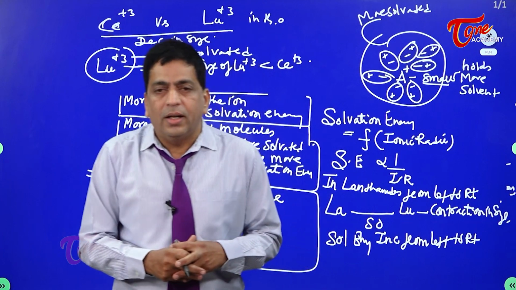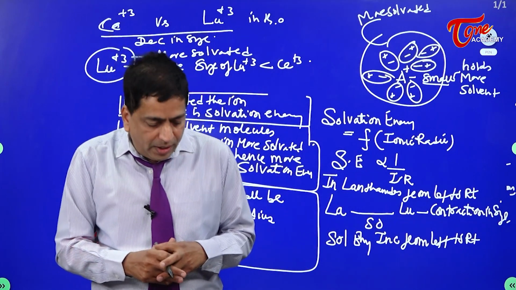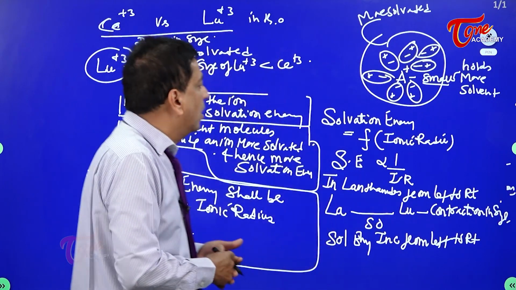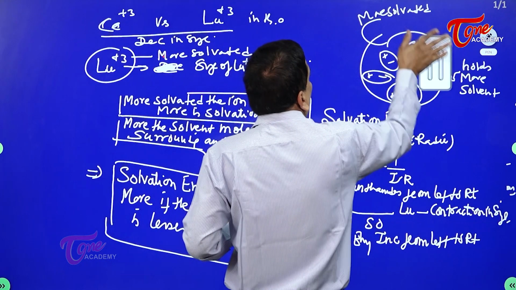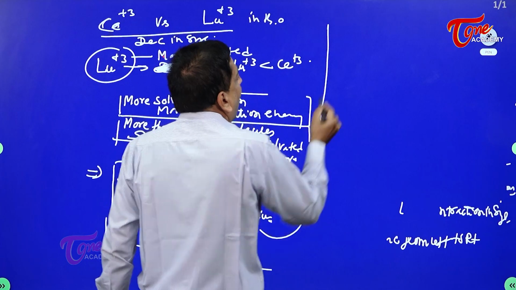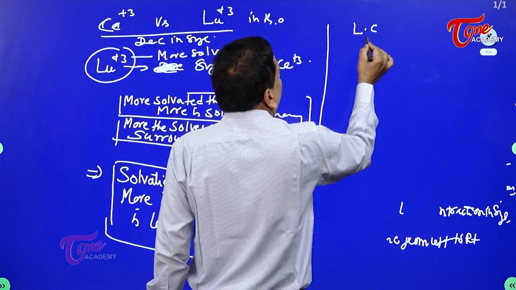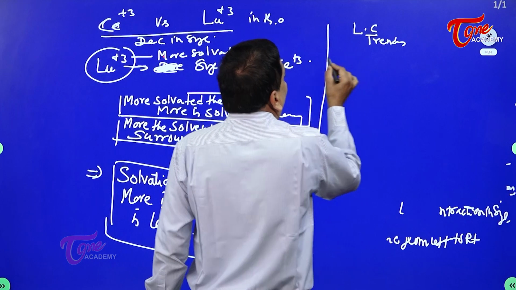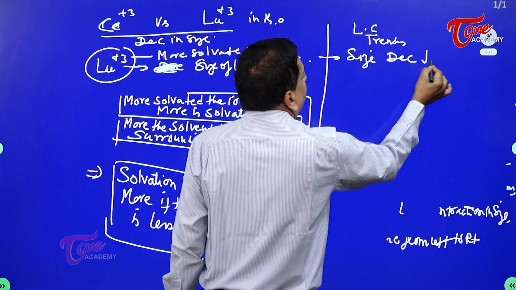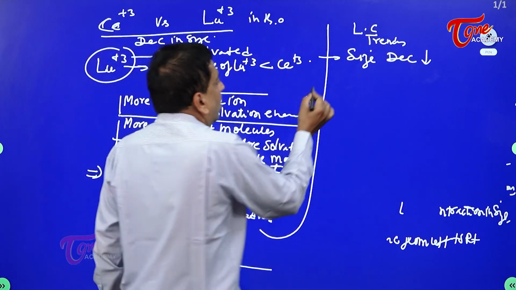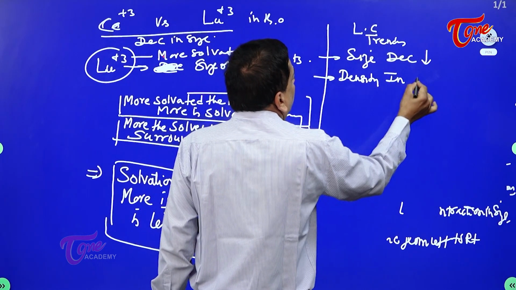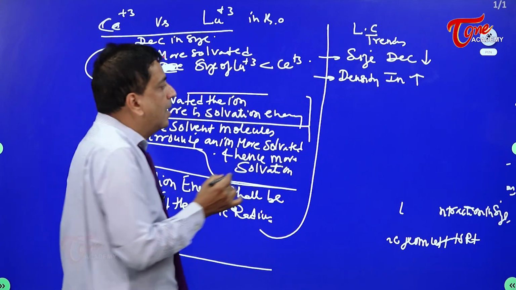Remember that these are some of the applications of lanthanoid contraction which I wanted to place in an order. Watch carefully, I will write all the trends for you. For quick notes, you can simply say lanthanoid contraction trends: size decreases, density increases, right?